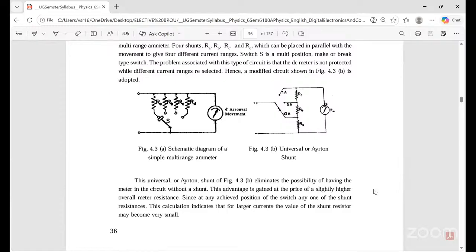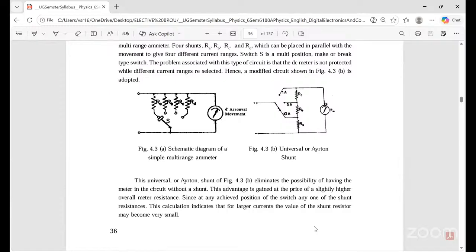Shunt at any position of the switch, of any one of the shunt resistances. See here, it may be switched to any of the four. Out of these, it can be connected to either RA, RB, or RC.